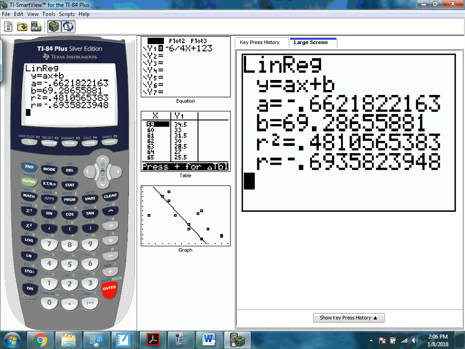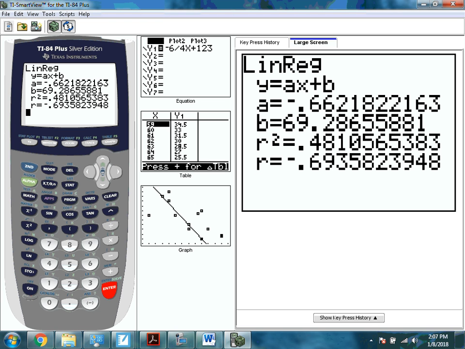Yep, so you have R, and then they square it as well as show the R squared good. So this is a moderately good fit. It's not perfect. It's not a -1, it's not a perfect negative fit. It's not too terrible either. It's negative about 70%.